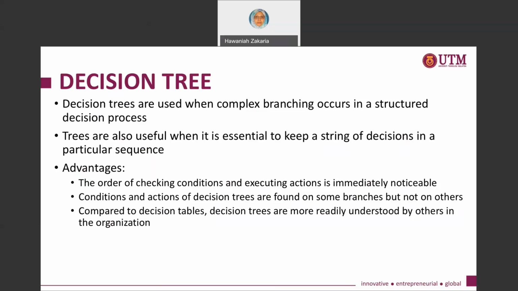Conditions and actions of decision trees are found on some branches but not on others. Compared to decision tables, decision trees are more readily understood by others in the organization. I would say even non-technical people, if you show them a decision tree, will understand the logic of the process.